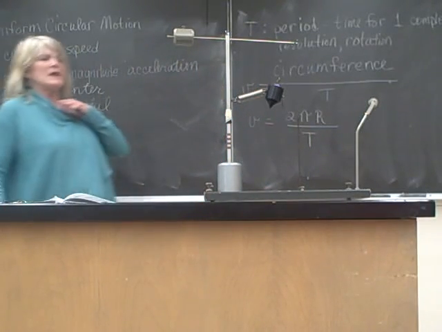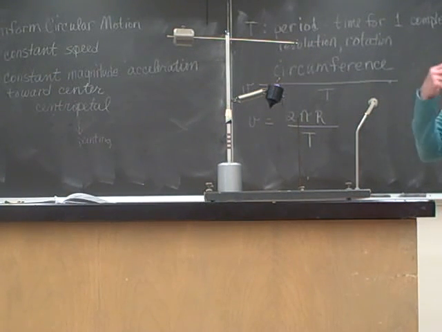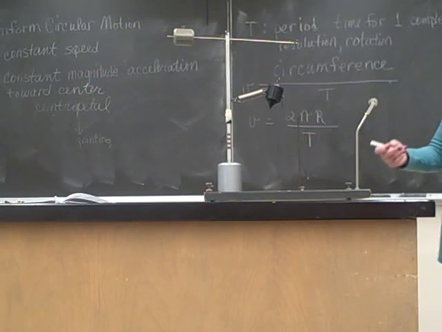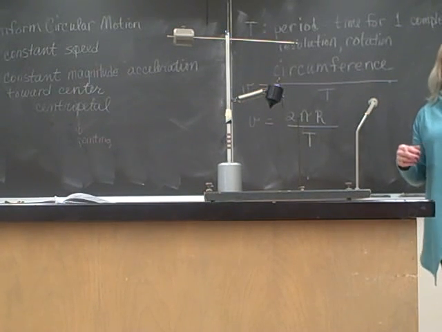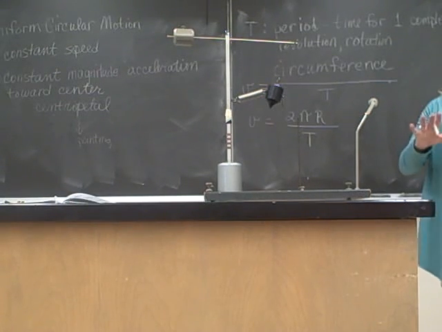Now, this next one, I'm not even going to try to derive with you. I'm just going to tell you. You can look online and find a derivation. If you want to come see me, I'll go through a derivation. But really, the easiest way to derive it is with calculus. And if you want me to show you that, I will.